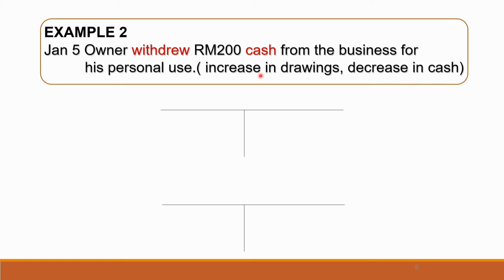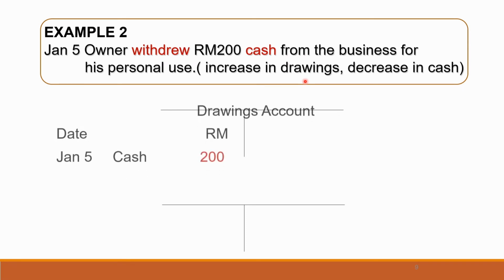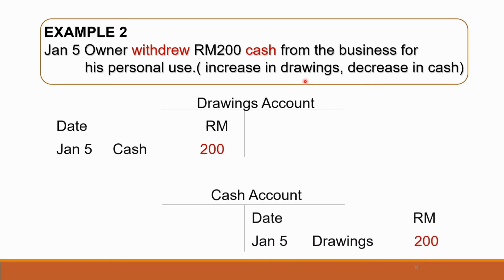So, in other words, there is a decrease in equity. But when you want to record, the accounts involved are drawing and cash. So we look at this account, drawing represents owner's equity, and it will reduce owner's equity. But for the drawing account, it will increase.